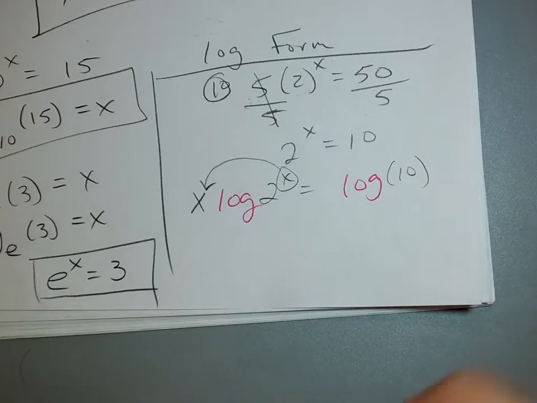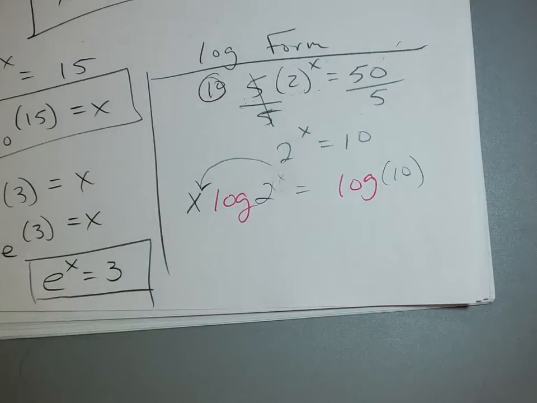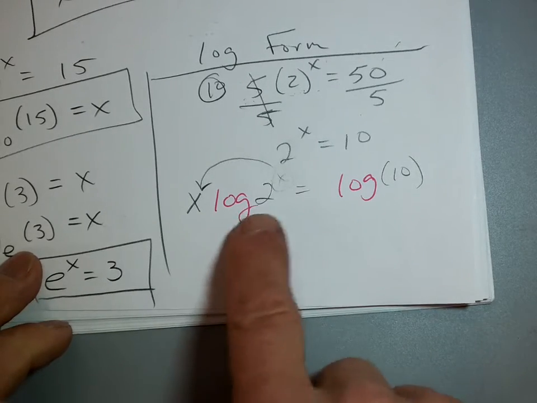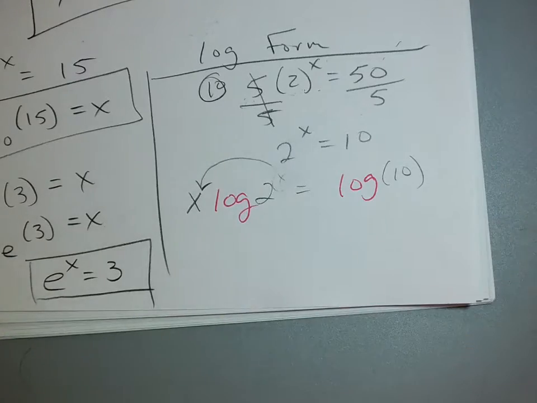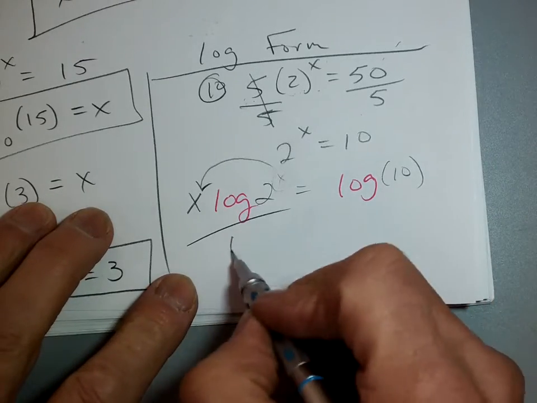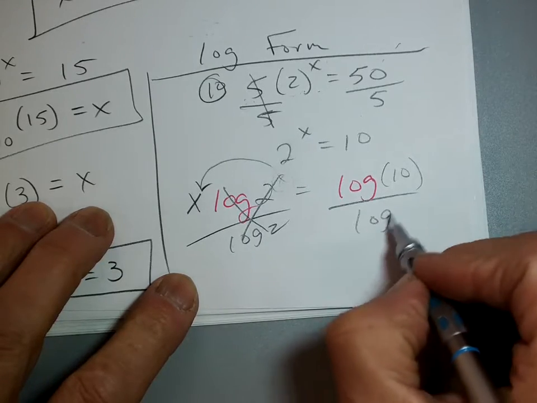Remember that? It's not there anymore. Now, this is just a number in my calculator, some decimal, and this is just a number in my calculator. So let's just solve. I'm just going to divide by log of 2.